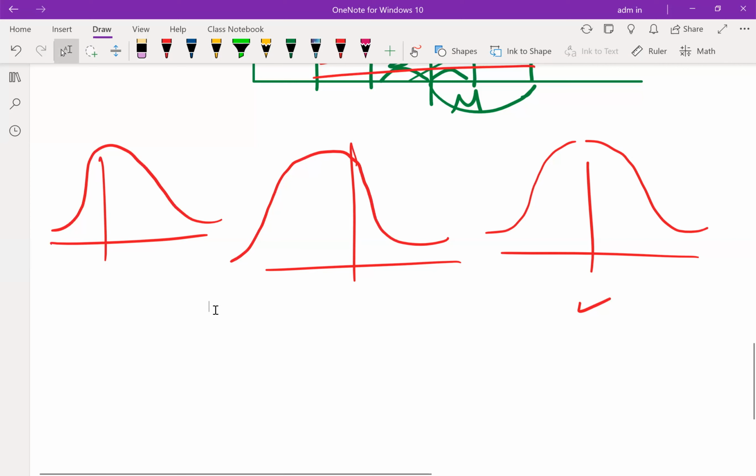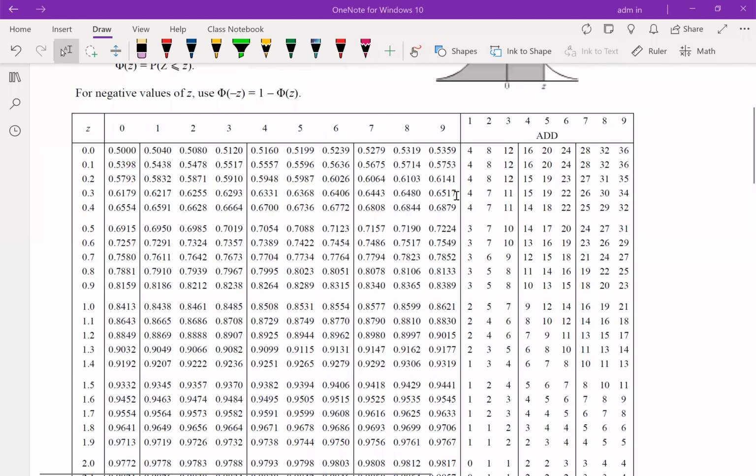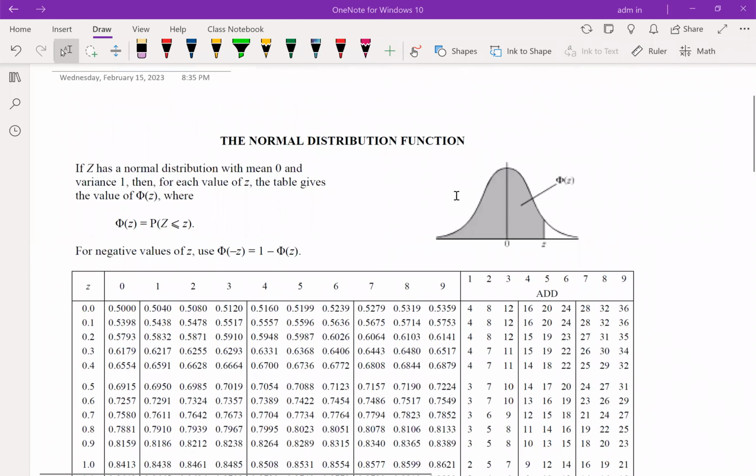By comparing the area under the curve and above the x-axis, using probabilities, this table will give you the probability under the curve. The area under the curve is 1.